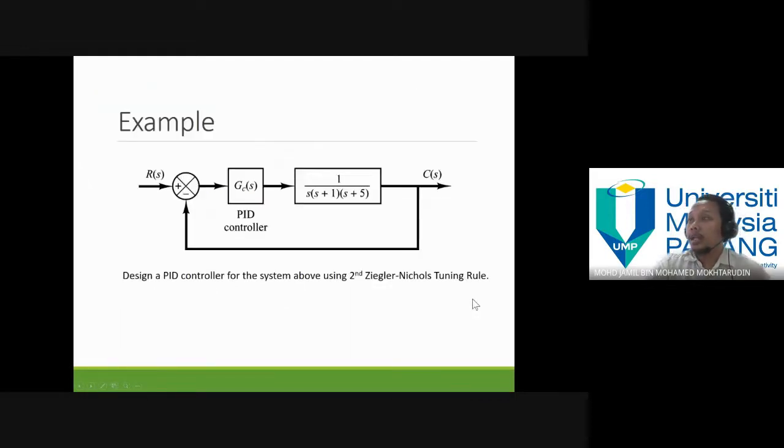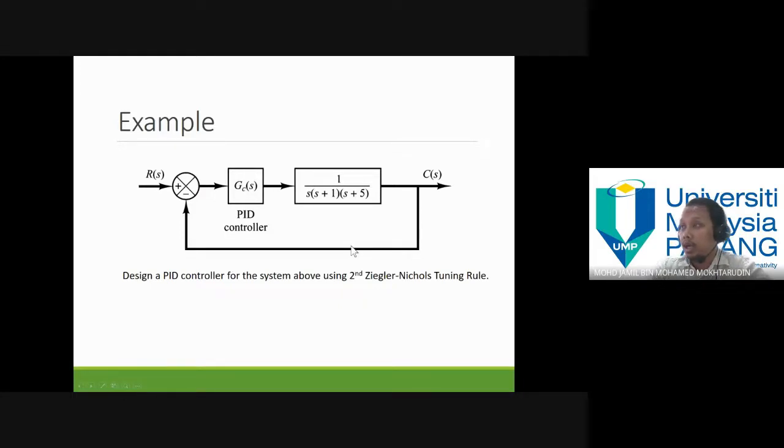Okay, so let's look at an example. Design a PID controller for the system above using the second Ziegler-Nichols tuning rule. Okay, so you are given this transfer function and a PID controller, and you are asked to determine the controller transfer function using the second Ziegler-Nichols method.